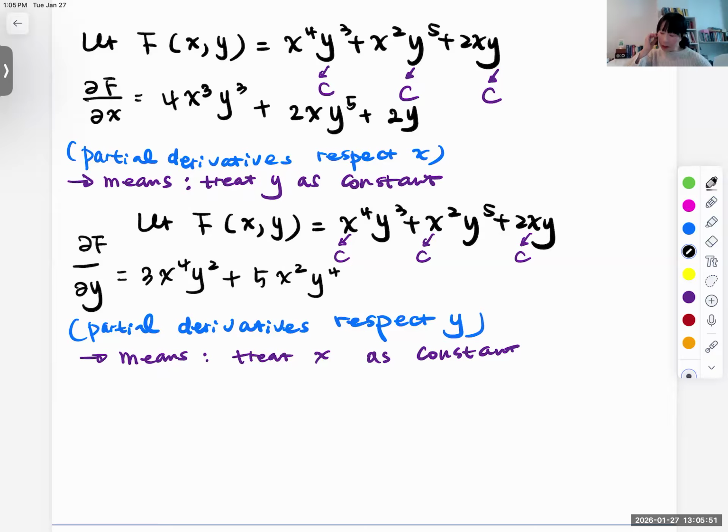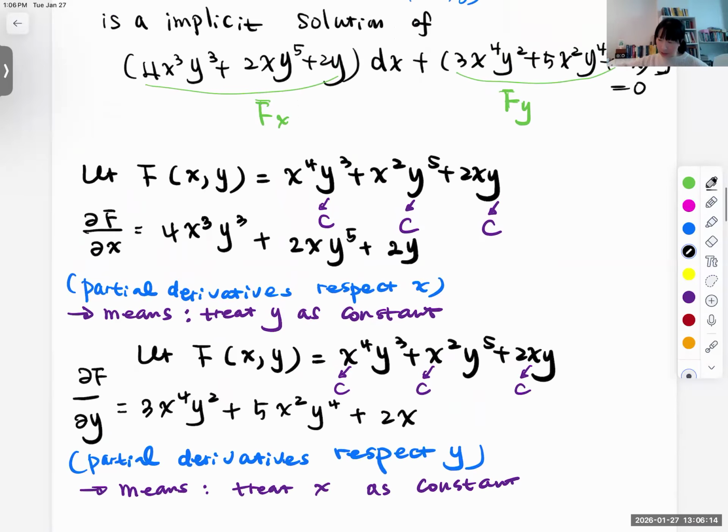Okay, third term, 2x, right? Because x is constant, so y is just by itself. So we do derivative, then we get 2x. Yeah. Okay. Let's check it out. So this is partial derivative with respect to x.